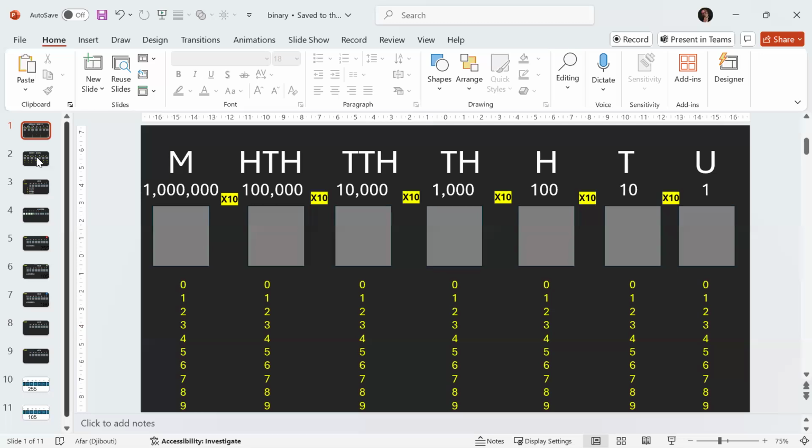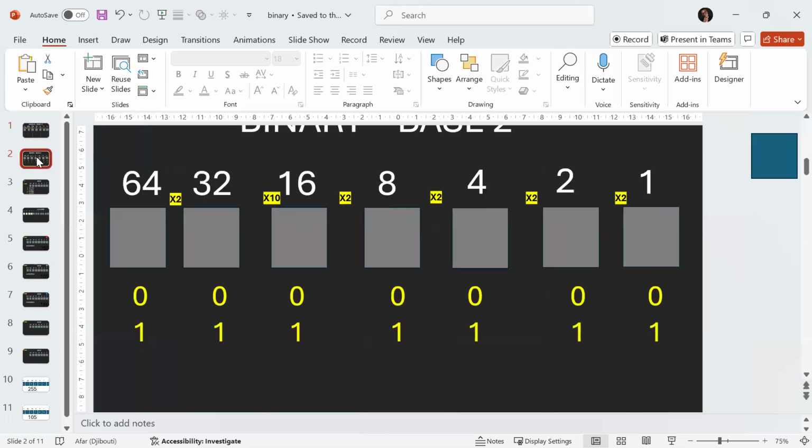But when you're talking about binary, you have only 2 things, 1 and 0. You cannot have 2. Just like we have 9 as the highest in the other one, 1 is the highest in this one. So after 1, you move over to the next position. If you follow this logic, it's very simple to understand.